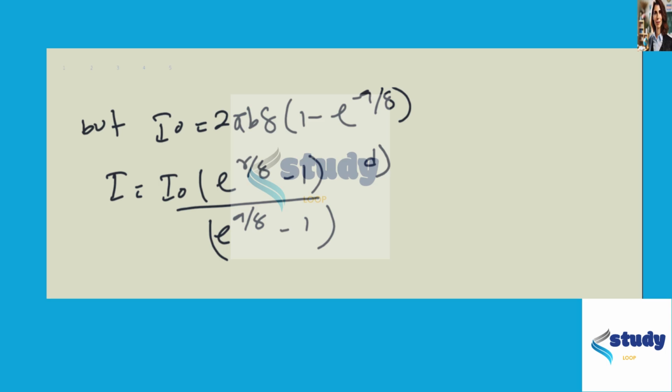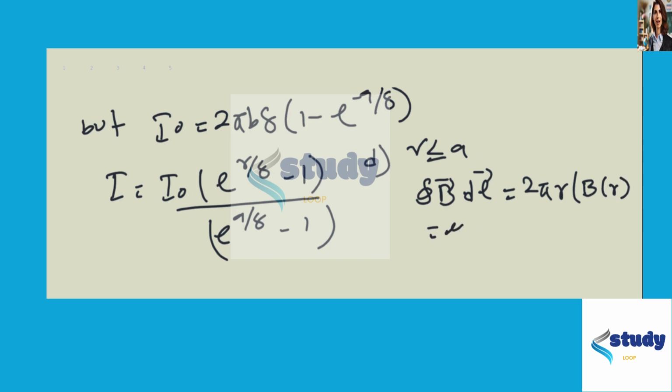Part D of the problem. Now we need to use the results from part C to find the magnetic field for r less than or equal to a using Ampere's law. Closed integral of B dot dl is equal to 2 pi r times B, which is a function of r.